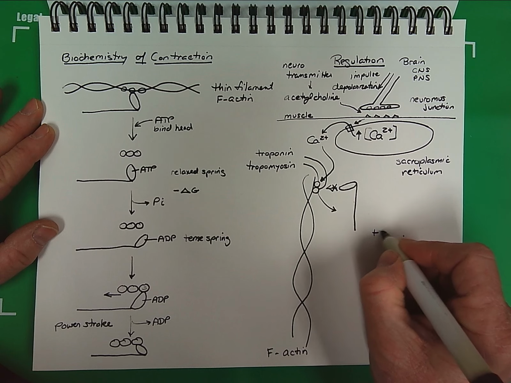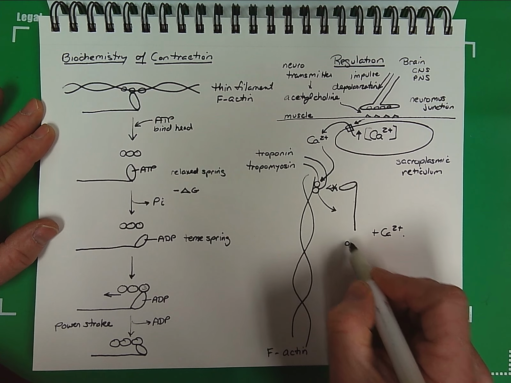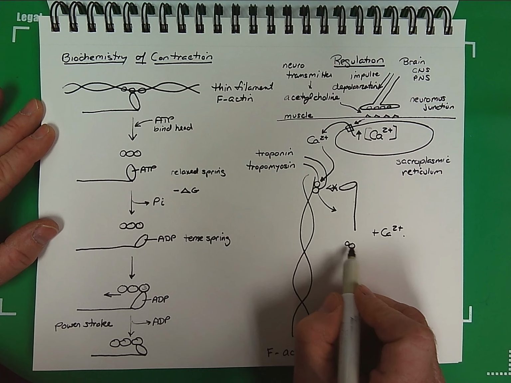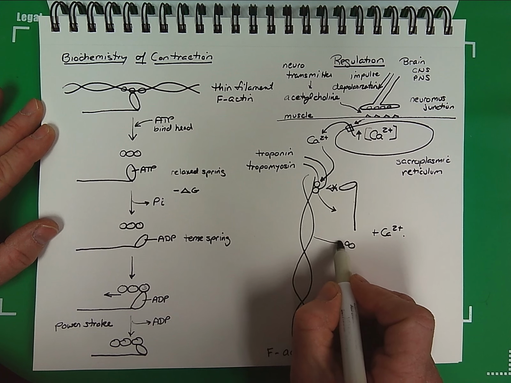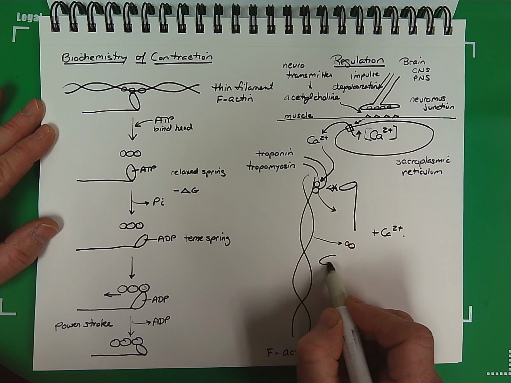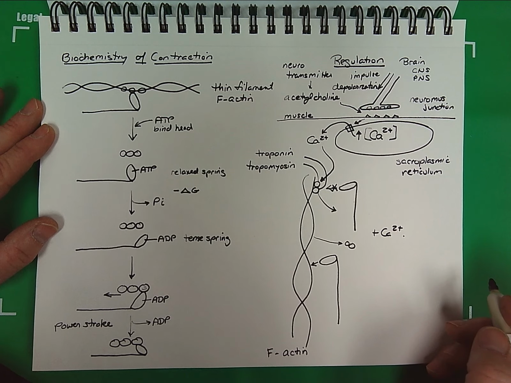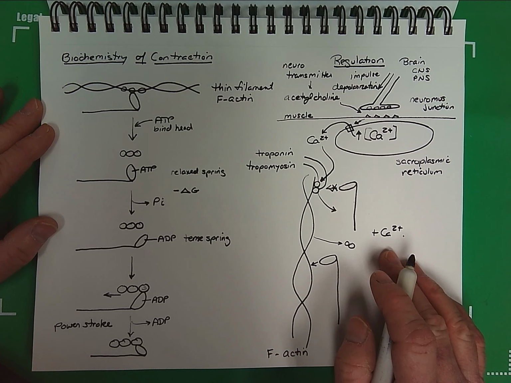So plus calcium causes the dissociation of troponin and tropomyosin, and now it allows the actin and myosin to interact. The reverse is true, of course.